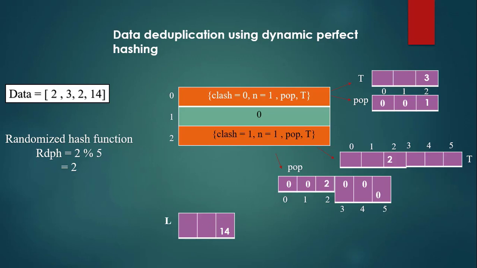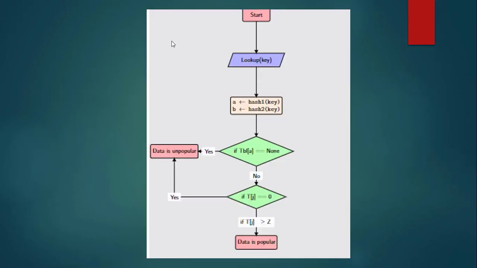And second, we increase the same index by 1 again, because there are two 2s, so duplicates. For 14, the randomized hash function gives 4, and we put 14 at index 4, and in the popularity count we increase index 4 from 0 to 1.